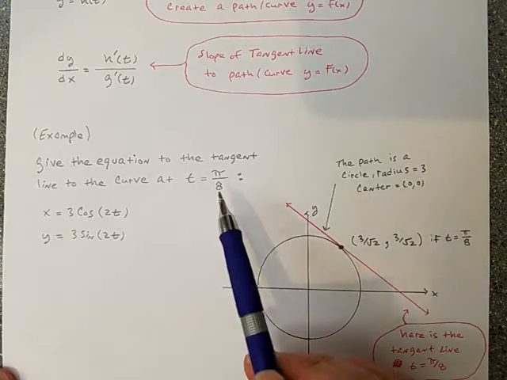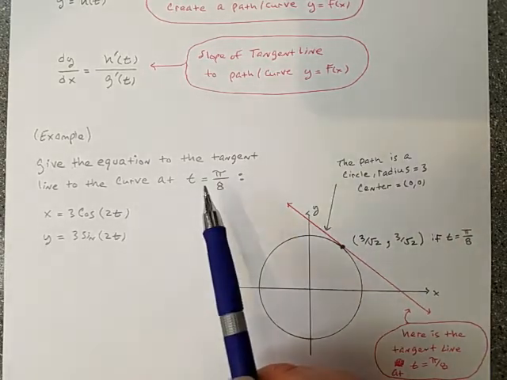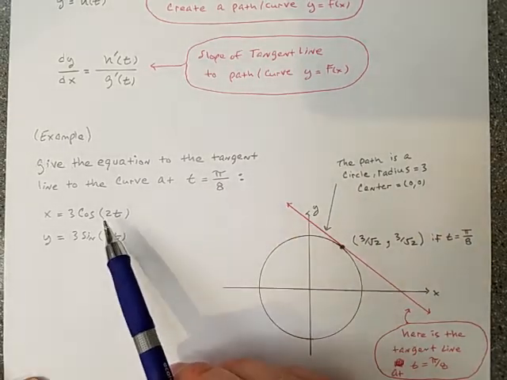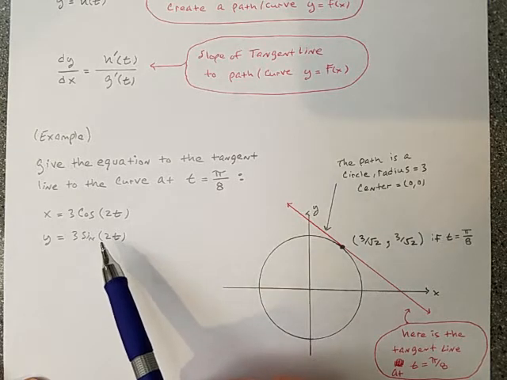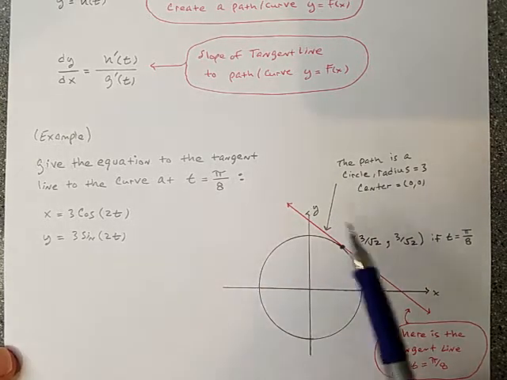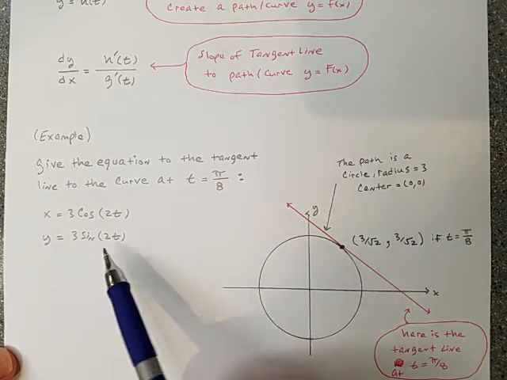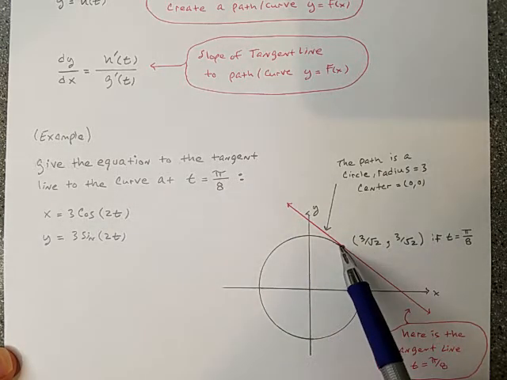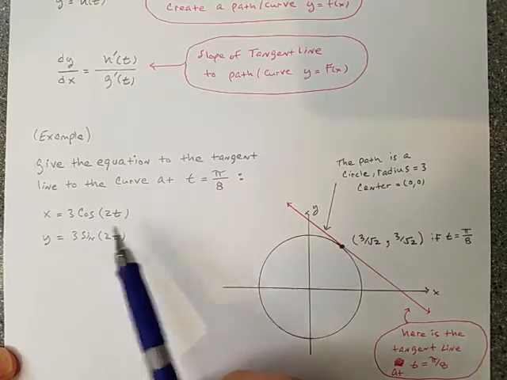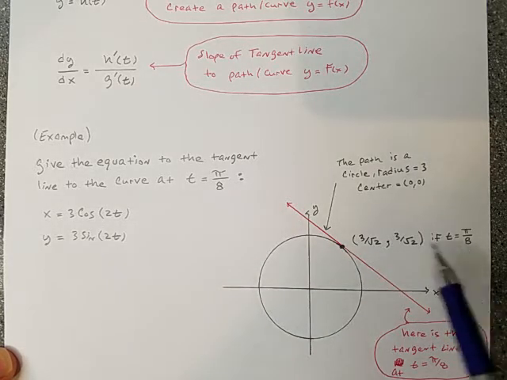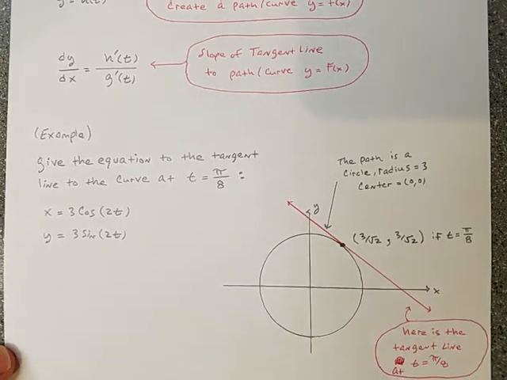And what I find that point to be is, if I take 2 times pi over 8, that's pi over 4. Cosine and sine of pi over 4 is 1 over root 2. So I'll get 3 over root 2 for the x coordinate and 3 over root 2 for the y coordinate. So that's the point on this thing when t is pi over 8.